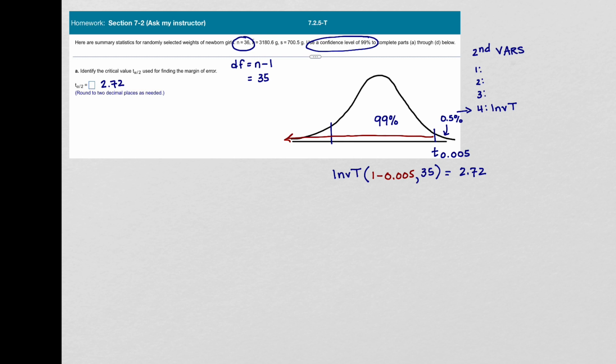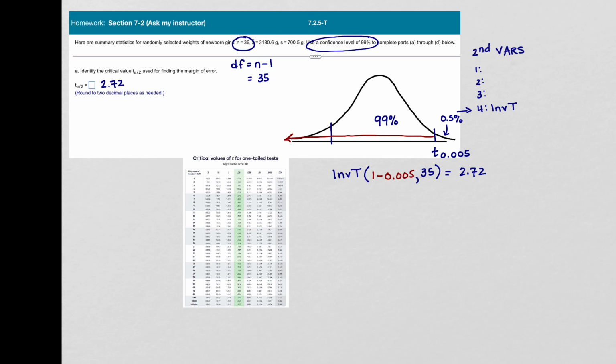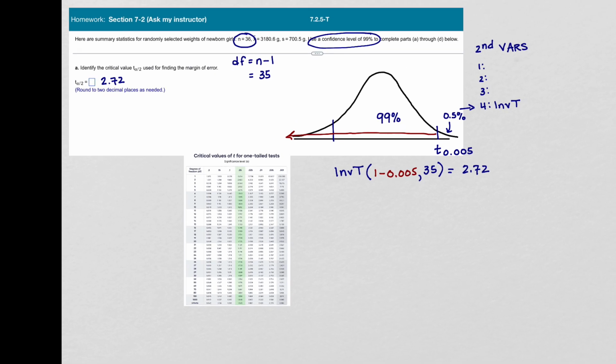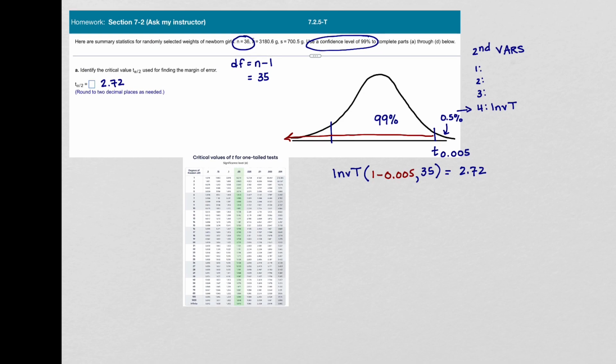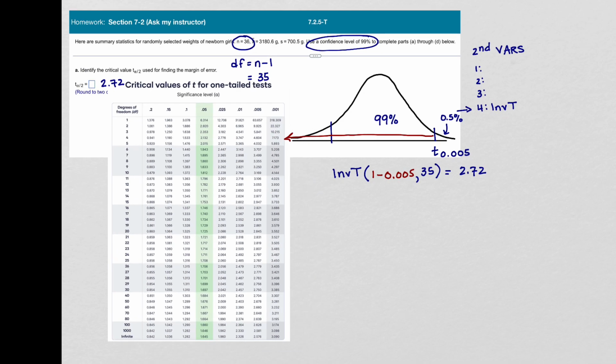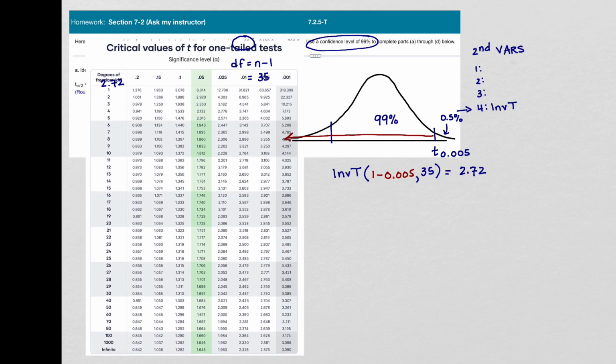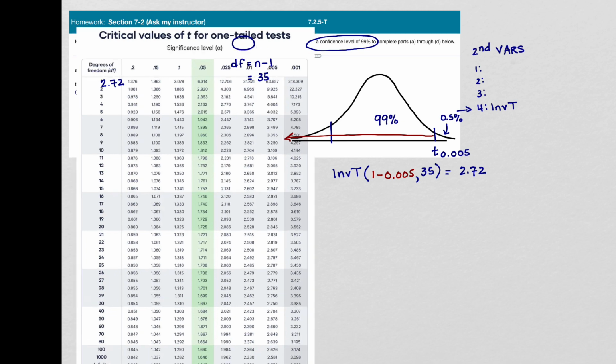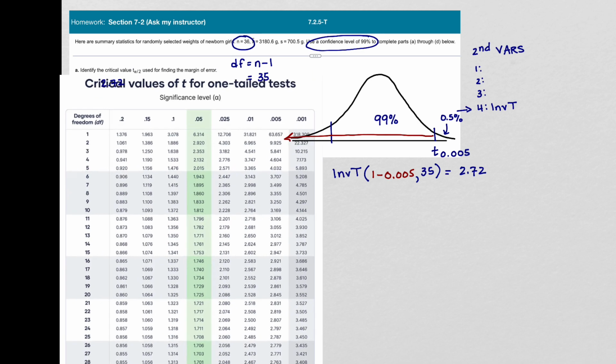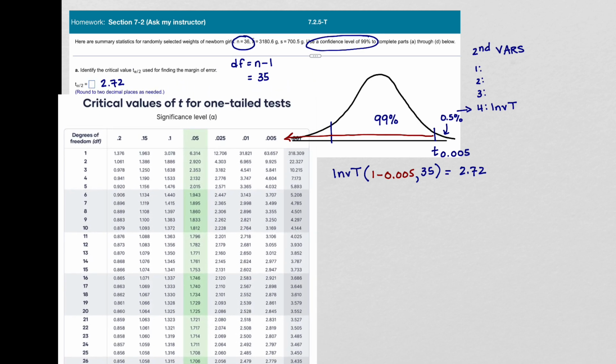Now, if you have to look this value up in a table, then what you're going to do is I'm going to take a look at this t table that I just grabbed off the internet. And let's make this a little bit bigger. All right, so what I'm going to do is look to see what is the area in one tail. So I found a table where it just gives the critical value for a one-tail test.